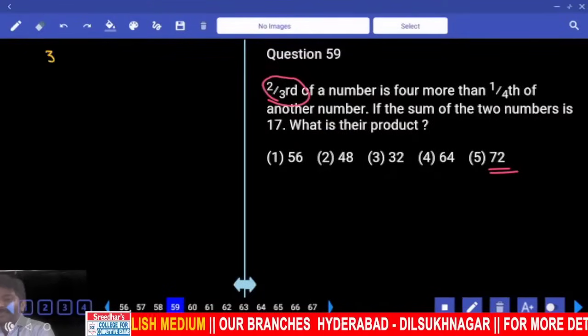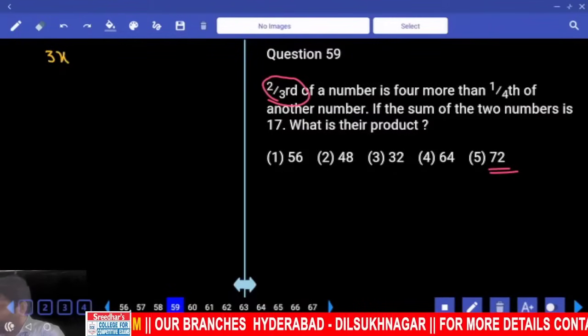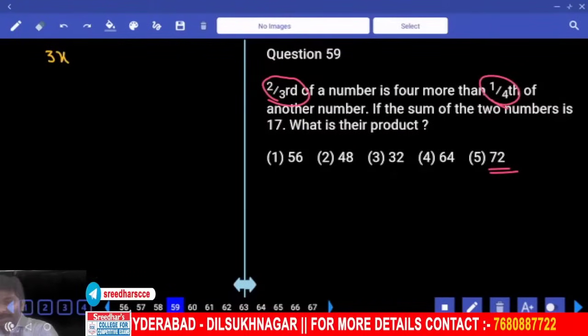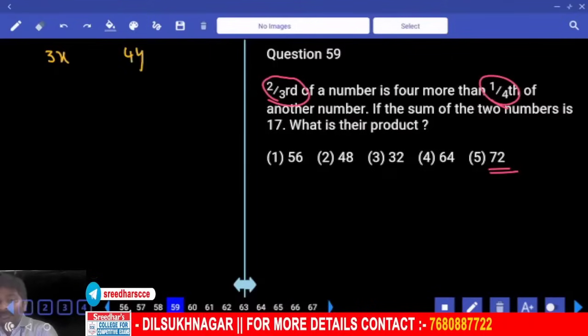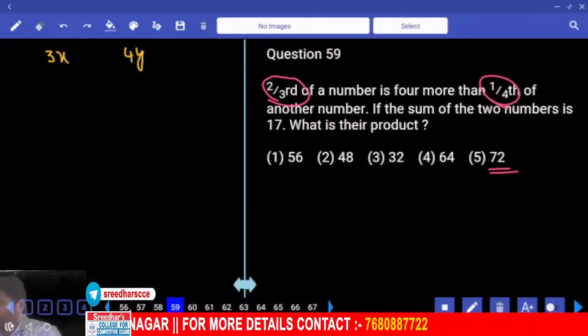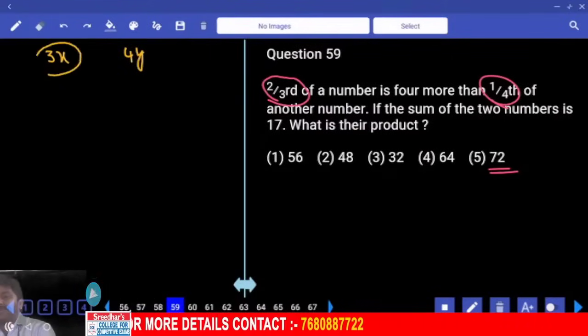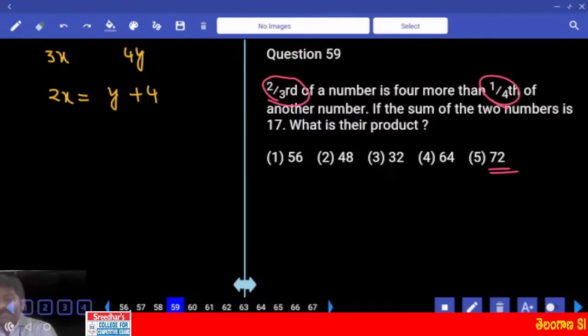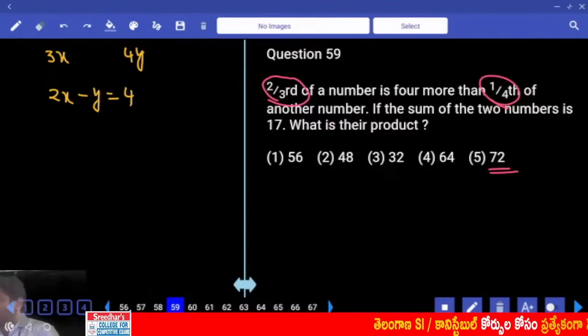Let me take my first number as 3x. 1/4 of another number, the other number 4y. Got it? 2/3 of this number is 2x. Is 4 more than 1/4 of another number, that is y. The same we can rewrite as 2x minus y is equal to 4.